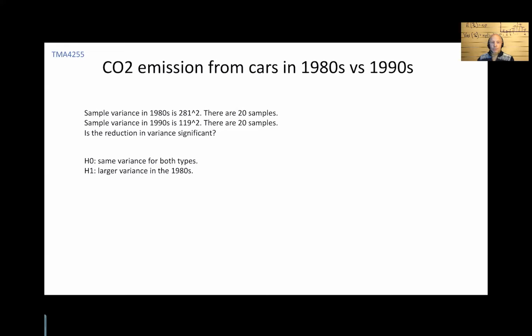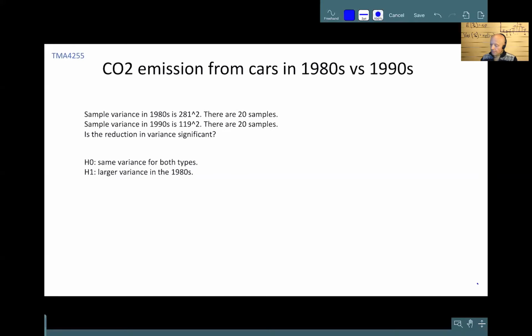There was clearly a reduction in the mean here, but was there also a reduction in the variance? It looks as if it was, maybe, because 281 squared is clearly much larger than 119 squared. But again, is this substantial? Is it something that's significantly bigger, or is it just something we expect because this is random variation? Okay, what do we do under this hypothesis? We compute our F statistic.